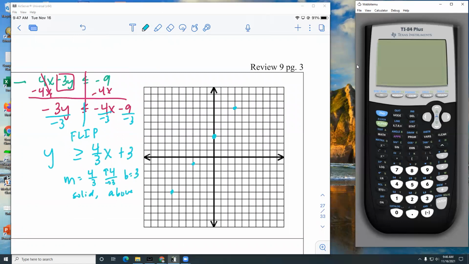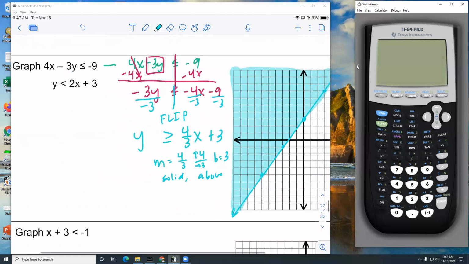All right, drawing your solid line. Best you can. And then shade everywhere above that line for me. Shade above.